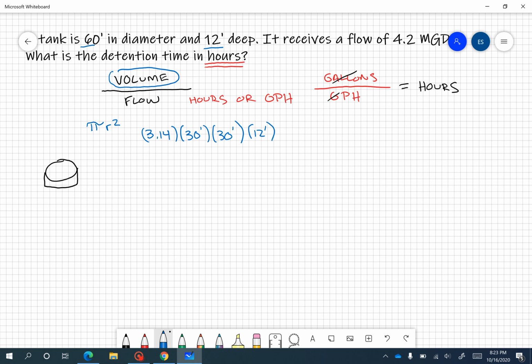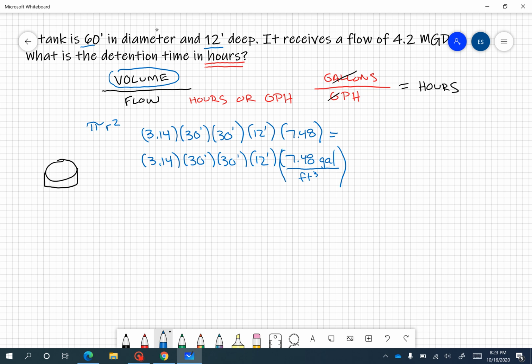And then I'm going to add one more step. Because I want this volume in gallons, I'm going to convert cubic feet to gallons. So if I really want to write this out completely, 3.14 times 30 feet times 30 feet times 12 feet times 7.48 gallons per cubic foot.